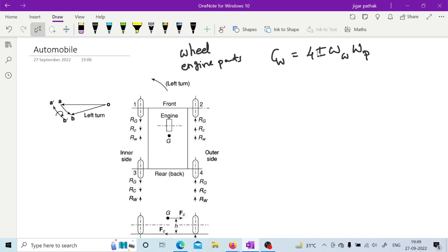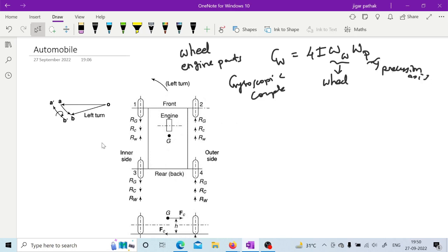So due to this rotating wheel, you will have this gyroscopic couple as 4 I omega w omega p, where omega w is for the wheel and omega p is for the precession axis.